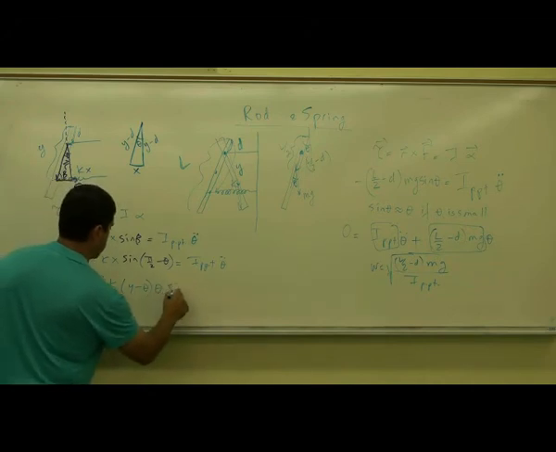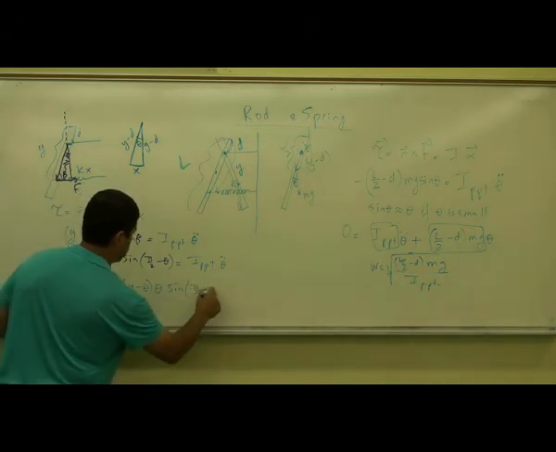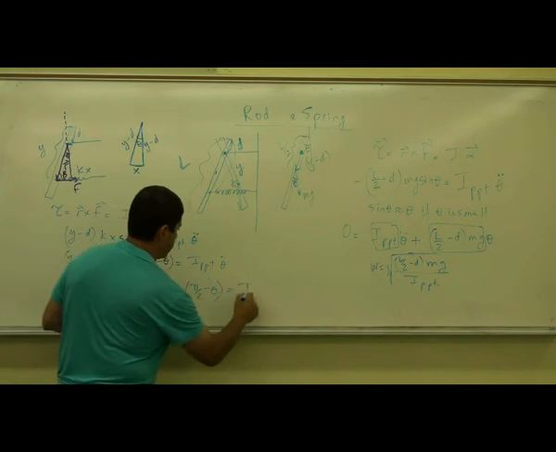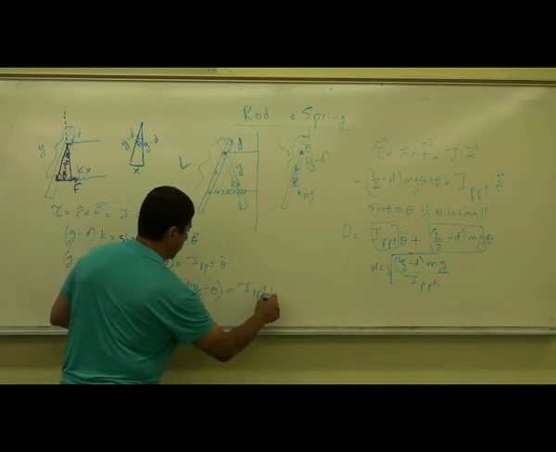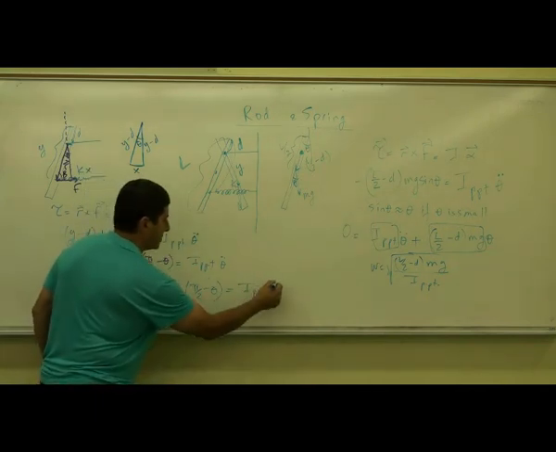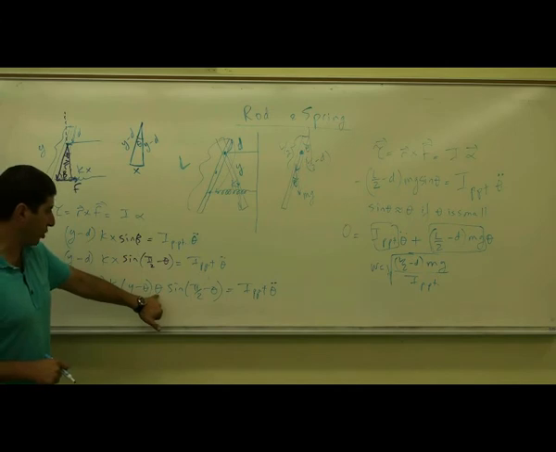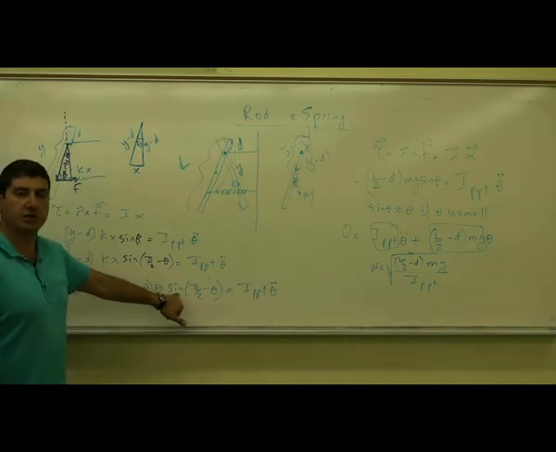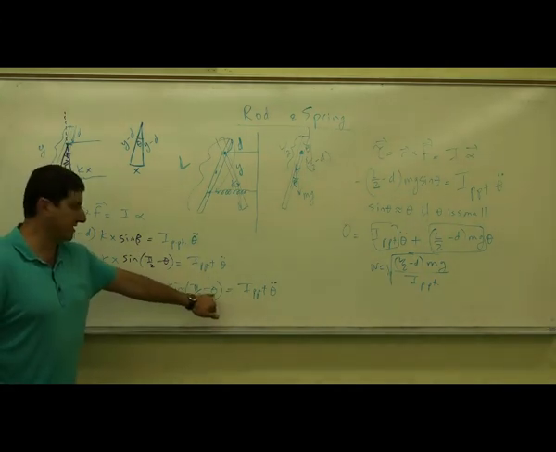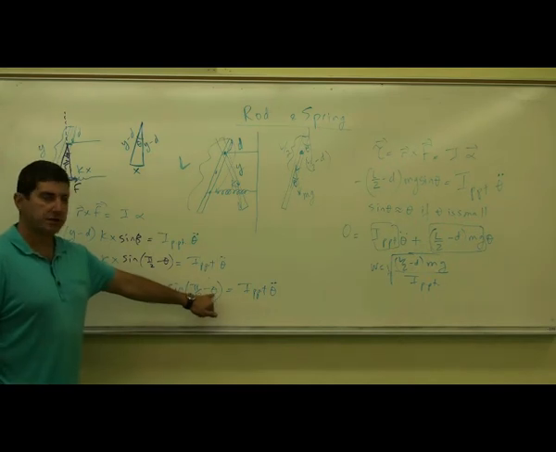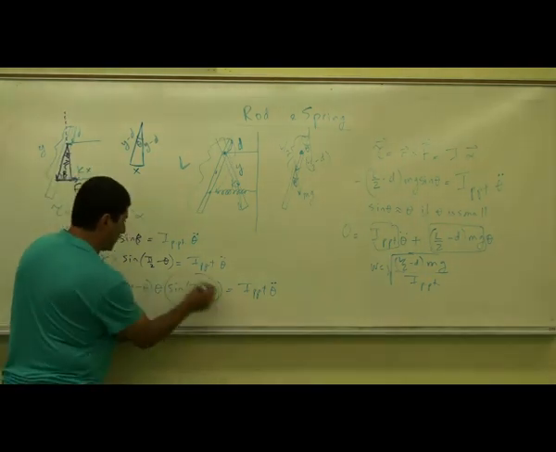Then we have sine of pi over 2 minus theta times I of pivot point, theta double prime. Now what's going to happen? When we do the small angle approximation, if the angle theta is small, then what is sine of pi over 2 minus a small angle? That means this thing is approximately what?